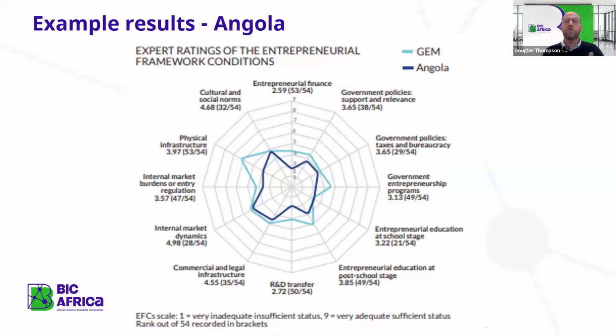See, for instance, in cultural and social norms, or entrepreneurial finance, etc., the comparison between Angola and the average for other GEM countries, or other sections of GEM countries. One can compare with South Africa, some of the other countries in Africa, for instance, to see how incubators and entrepreneurship support organizations can impact any of these framework conditions to improve the situation.